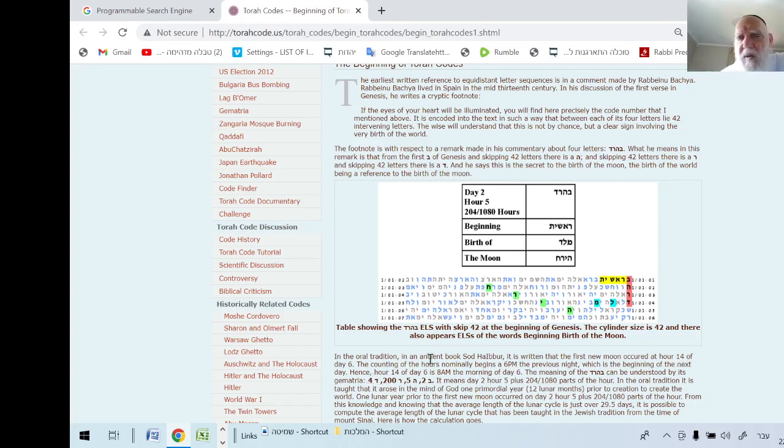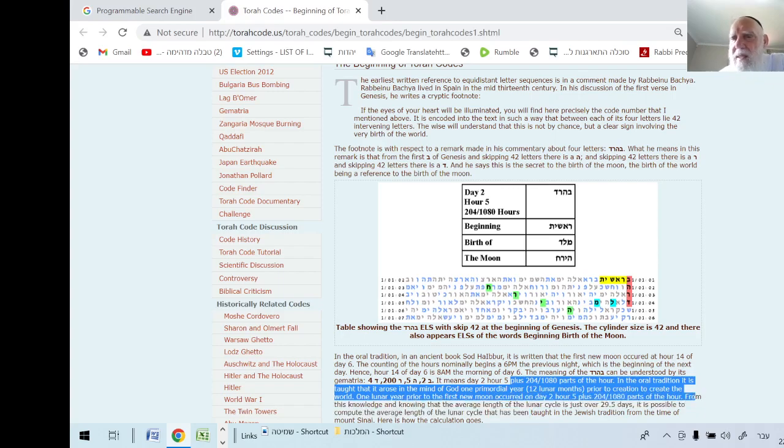It means the 14th hour on the 6th day, Friday. The counting of the hours normally begins at 6 p.m., because of the change of the orbit of everything. But at that time, 6 o'clock p.m.